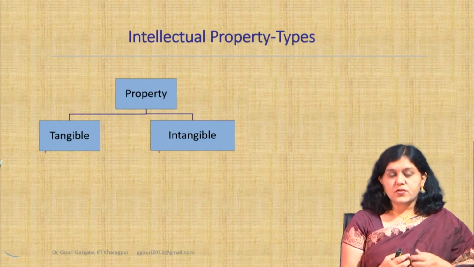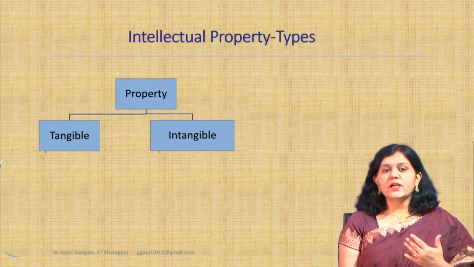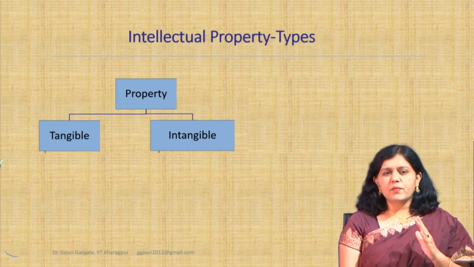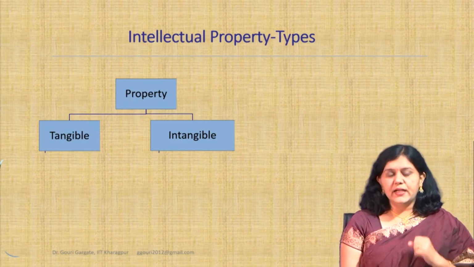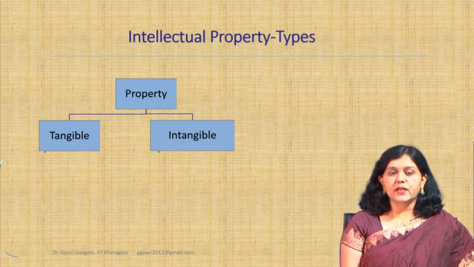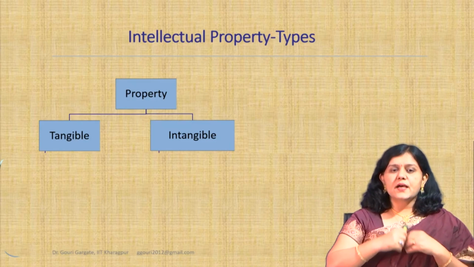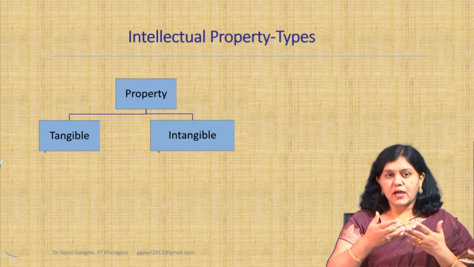properties are. So, starting with this property. When we are talking about a property, we divide property into two types, that is tangible property and intangible property. When we say tangible property, what do you understand? It is something which you can touch, which you can see by your eyes.